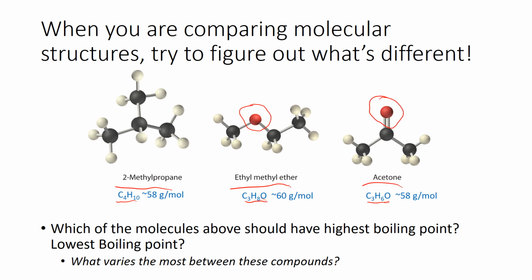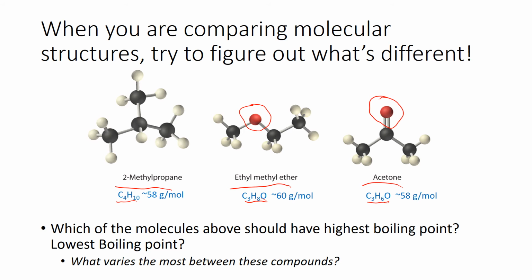And oxygen is, from that upper right-hand corner of the periodic table, a more electronegative atom, and its presence in a molecule indicates the possibility of molecular polarity. So in this particular comparison, molecular size and molecular shape are probably not the major factors influencing our intermolecular force strength. It is likely the position of that oxygen.